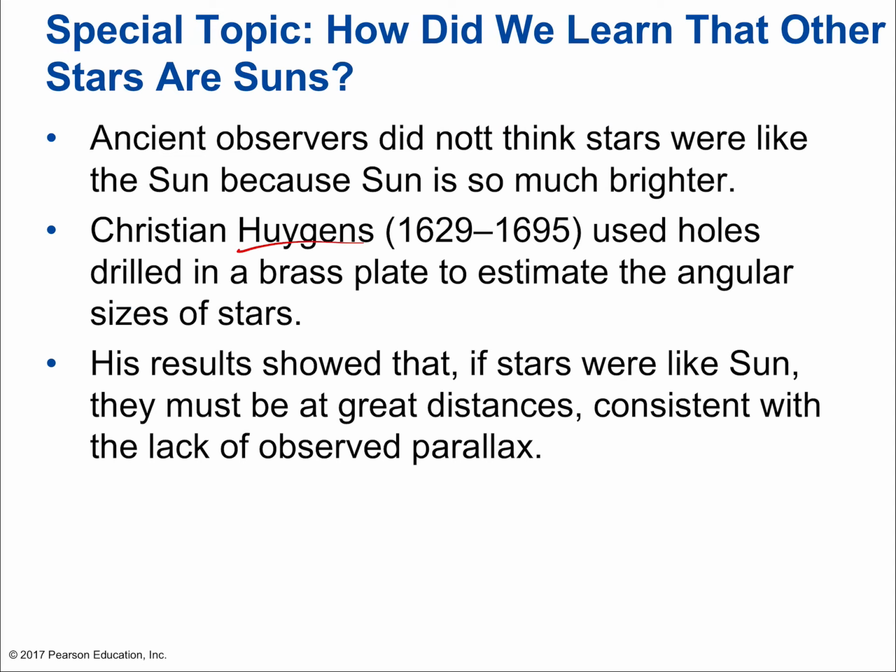So this was a key point where astronomers really began to seriously think from the mid 1600s on that they actually were perhaps other sun-like objects, but they were just that far away. And that, of course, led to the eventual discovery of true parallax that was just a few arc seconds across, or really less than 1 arc second of parallax, the maximum case of the most nearby stars like Alpha Centauri.